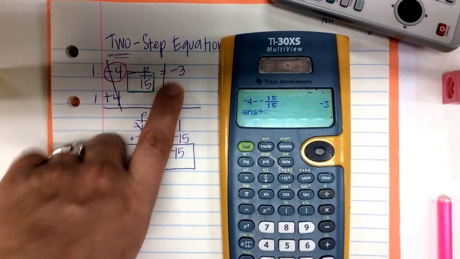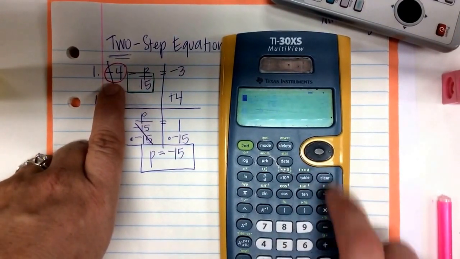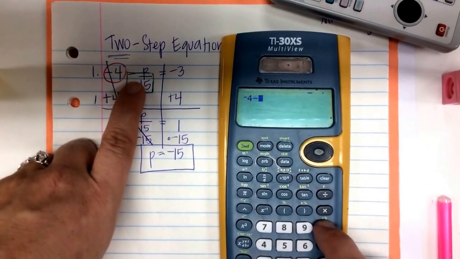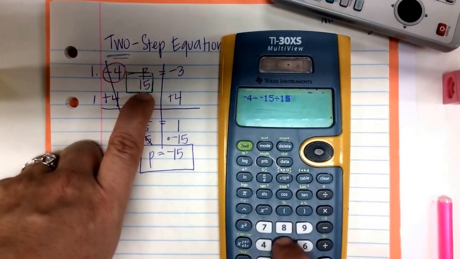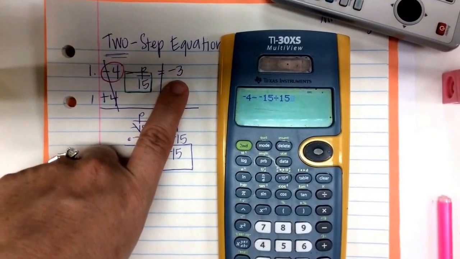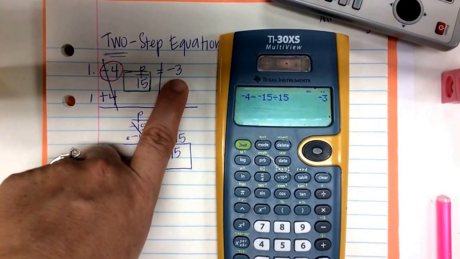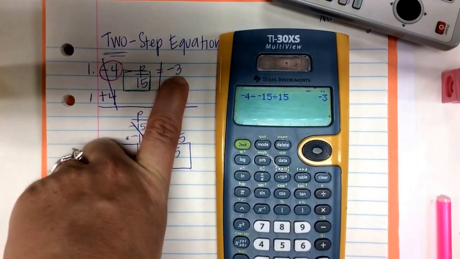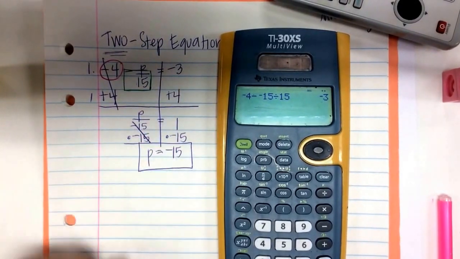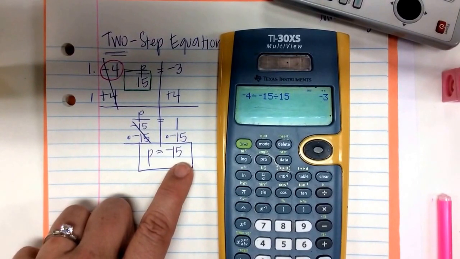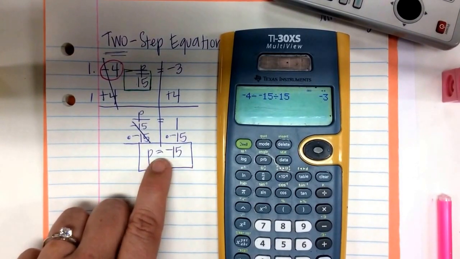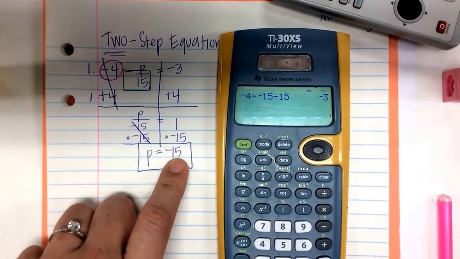You could also type -4 minus negative 15 divided by 15. Skylar. Because the negative belongs to the number, right?